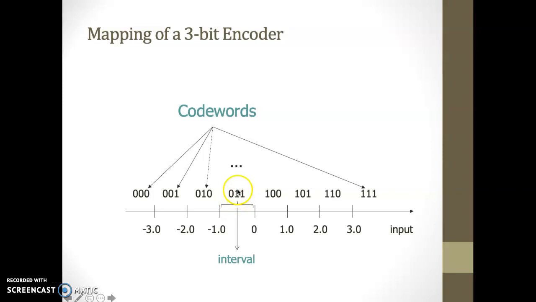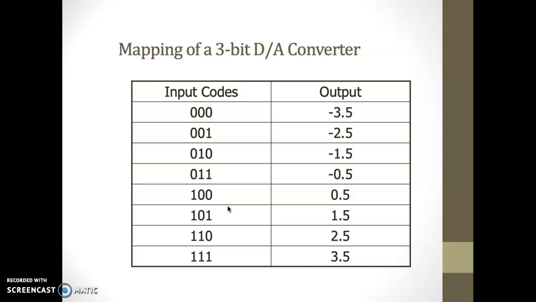The encoder will not take each value between these two, but will represent this range as one code word. For example, you map a 3-bit analog to digital converter. This is the input, and once you do the encoder, this will be the output.